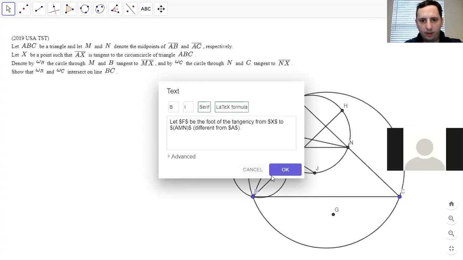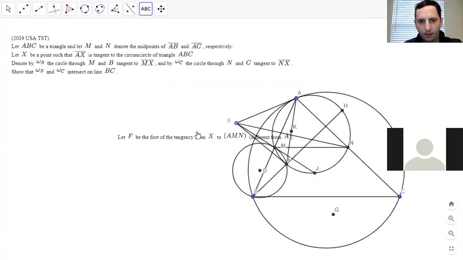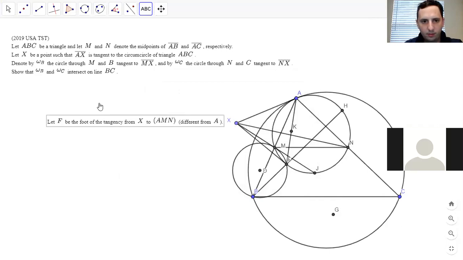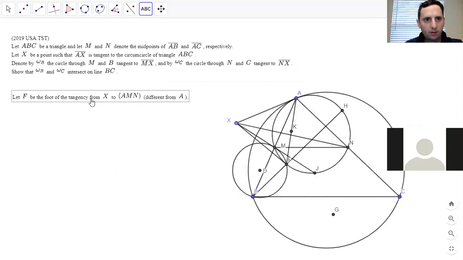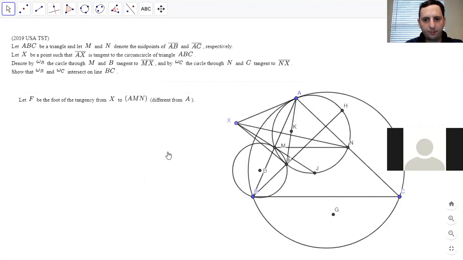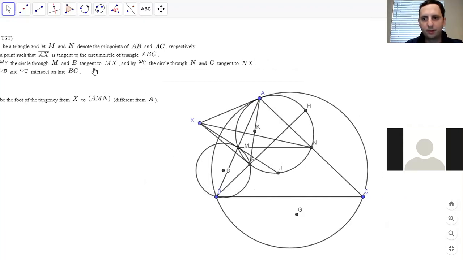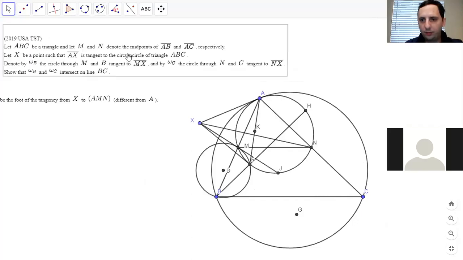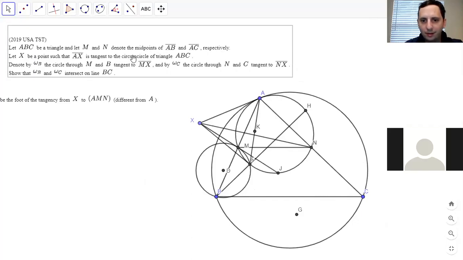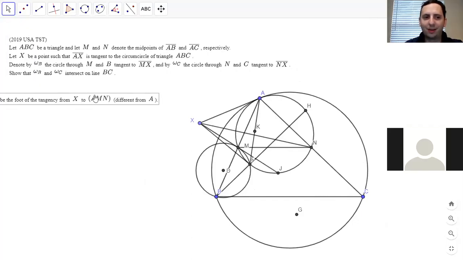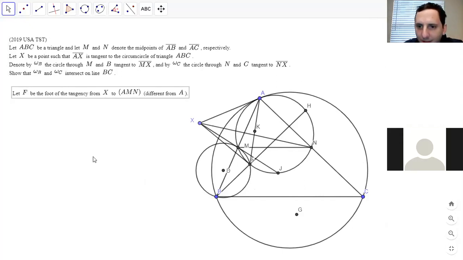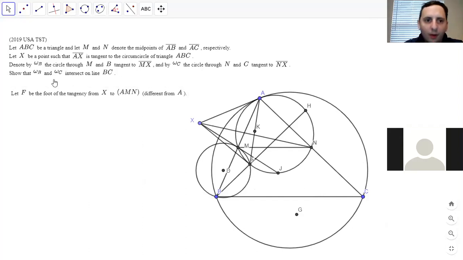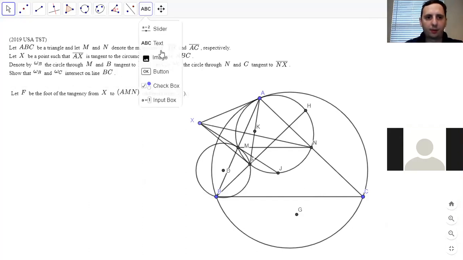Unfortunately, when I'm typing, I see we could show that JH is parallel to AB. Interesting. So that's another way to do it. All right, I'm gonna just finish typing it up this way.